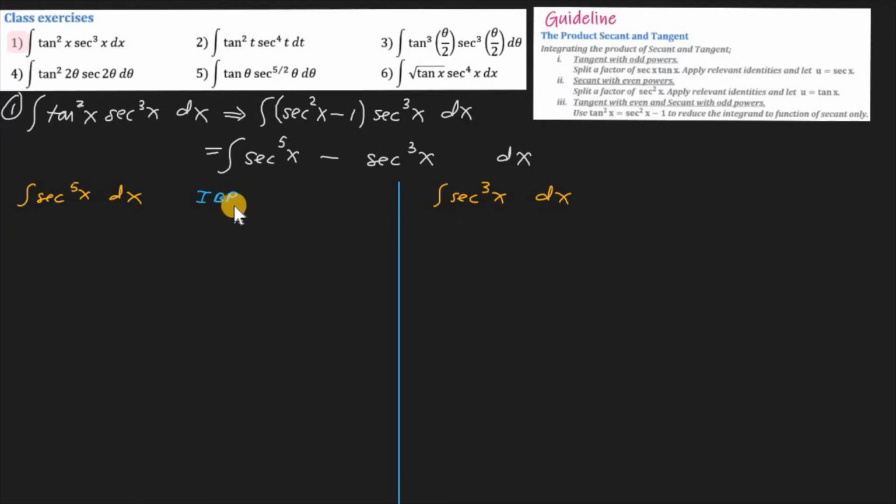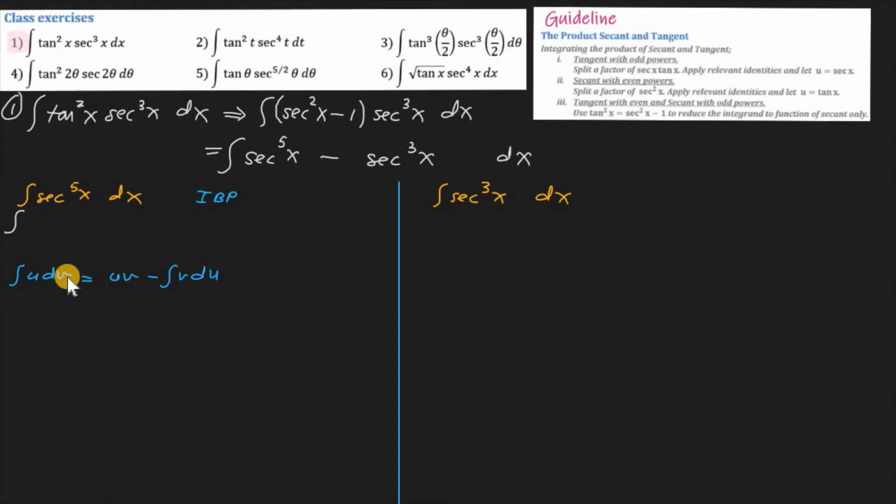When we are using integration by parts, the formula is integral of u dv equals uv minus integral of v du. And when we choose the u and the dv, they must be something that is easy for us to differentiate or integrate.